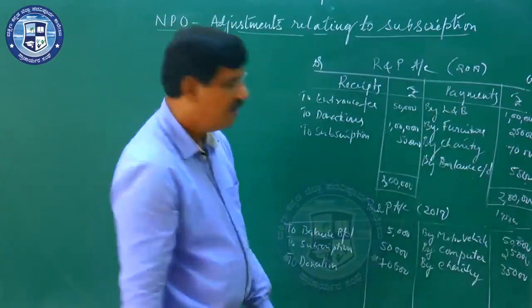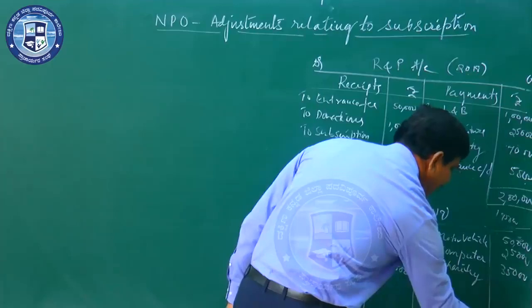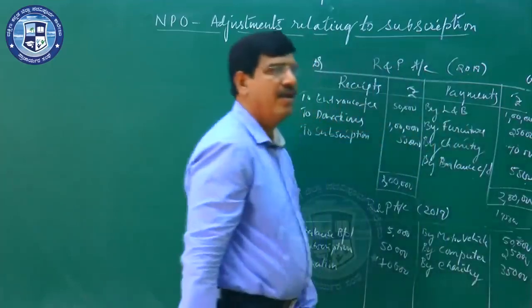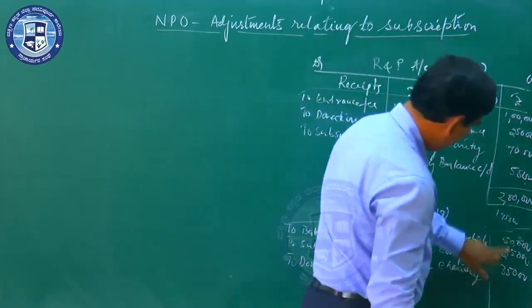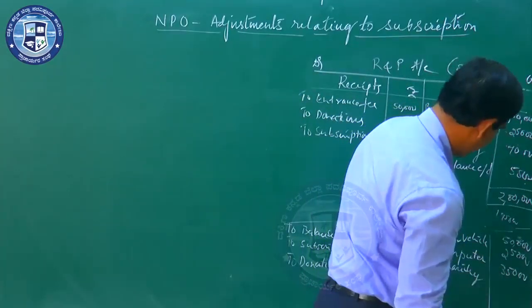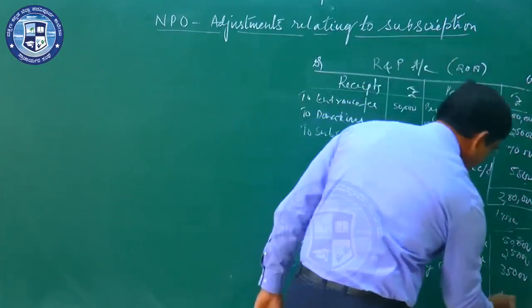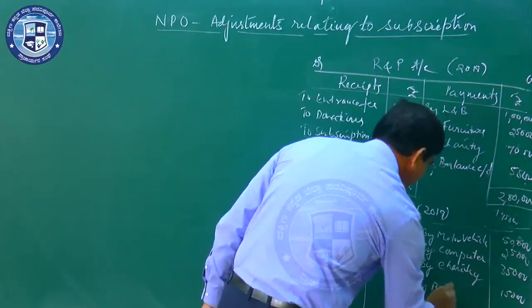So what is the amount left out? That will be balance carried down. So on the debit side, it will be 125. Here it is 1,10,000. 15,000 is by balance carried down.